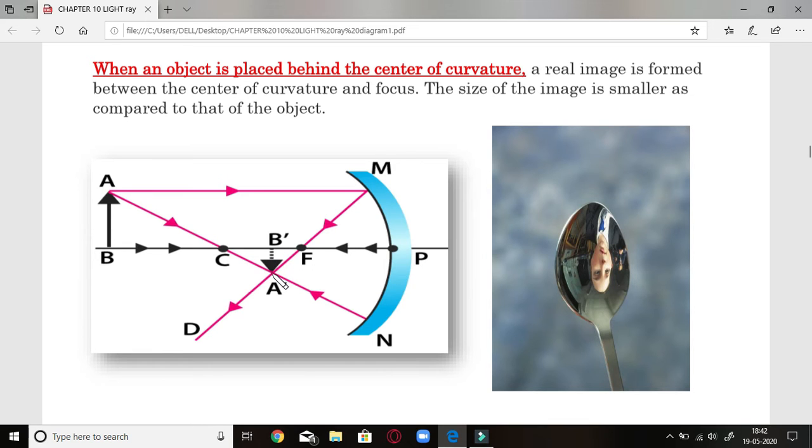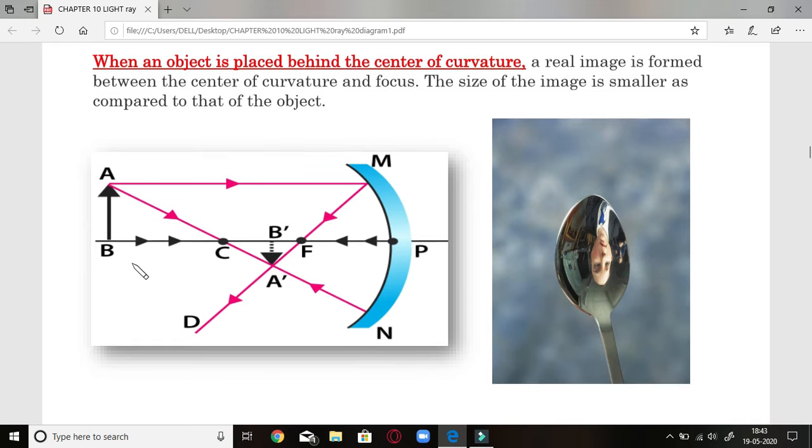The point where they cut each other, an image will be formed, but this will be inverted. That is A dash B dash. The arrow head is on this side and the base is upright. So in that case, a real, inverted and small image will be formed when we place an object beyond C.